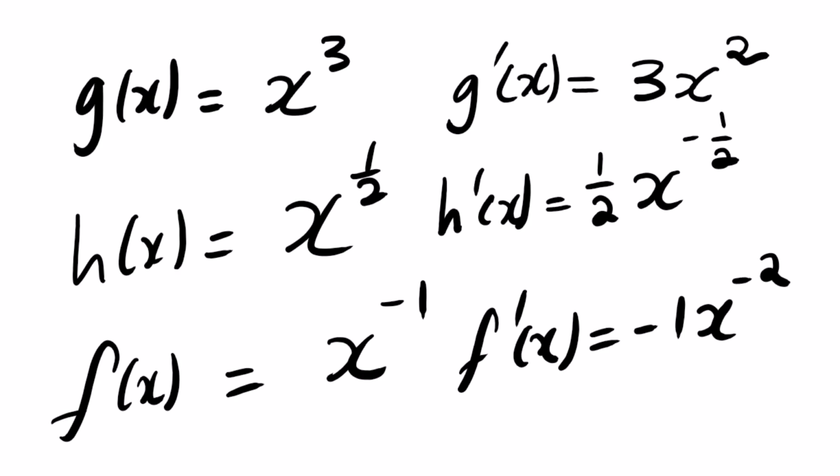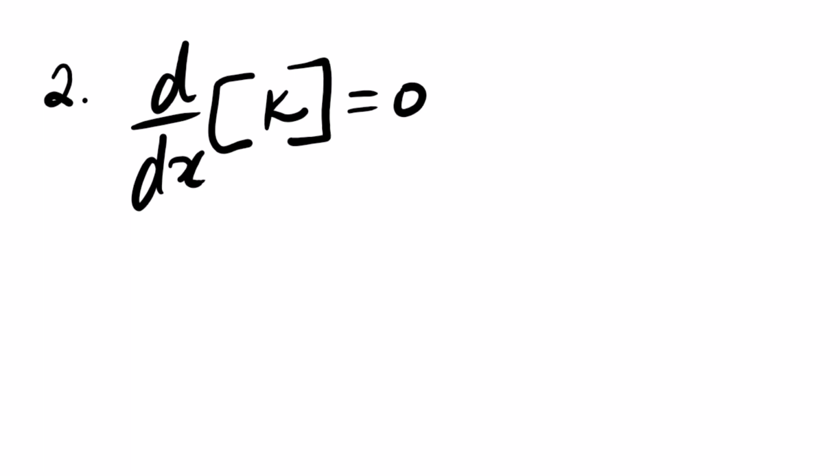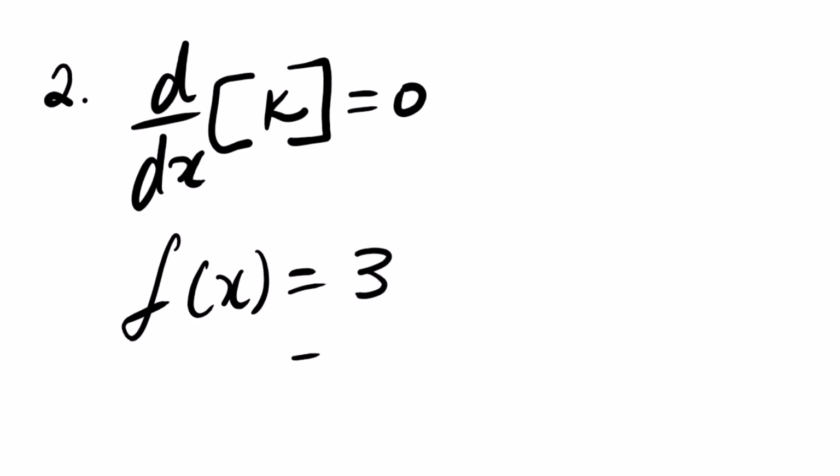Now let us go to the next rule of differentiation. Rule number 2: the derivative of a constant is equal to 0. Whenever we derive a constant, or let's say a function without variables, the answer is 0. The derivative of 3 is equal to 0.